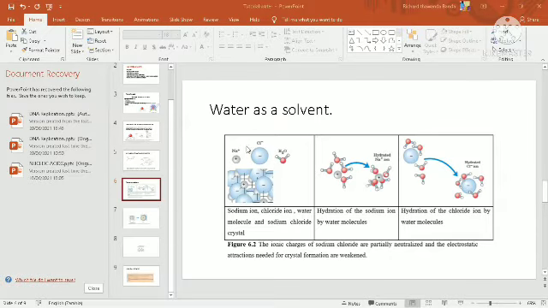You have the sodium having a positive charge and the chloride having a negative charge. When you place this in water, you have the sodium atom interacting with the negatively charged oxygen atom of the water, and then you have the chloride interacting with the partially positive hydrogen atoms of the water.